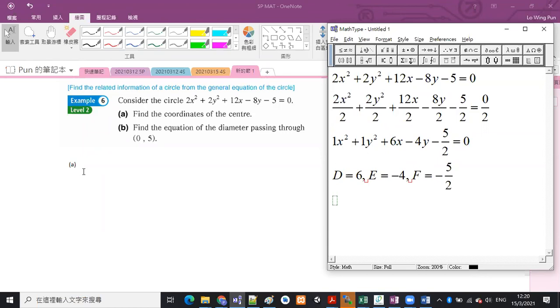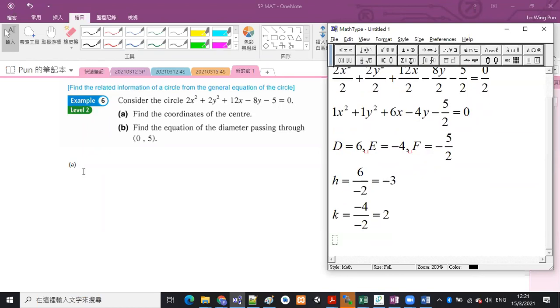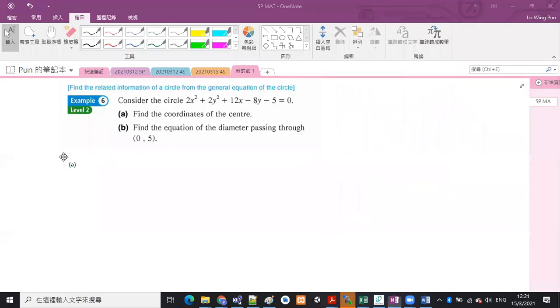And then we can calculate the H value, that is D over -2, that is -3. And then K value should be E over -2, that should be equal to 2. Okay, and then the center is -3 and 2. And that is already the answer of part A.